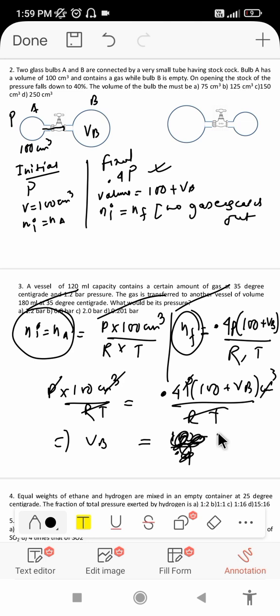If you calculate this, it comes around 60 divided by 0.4, that is 150 ml.